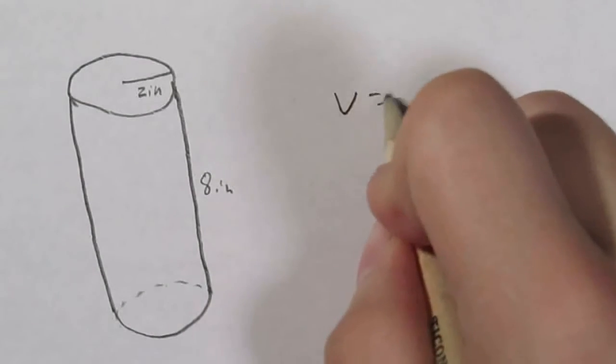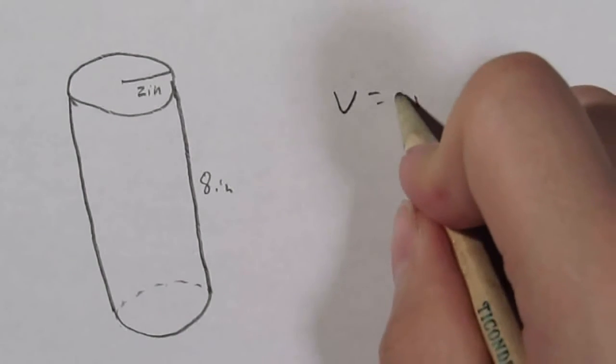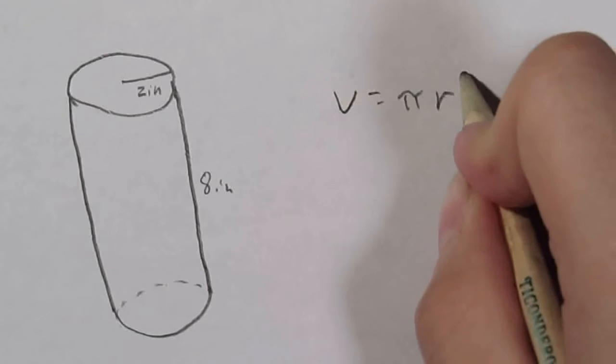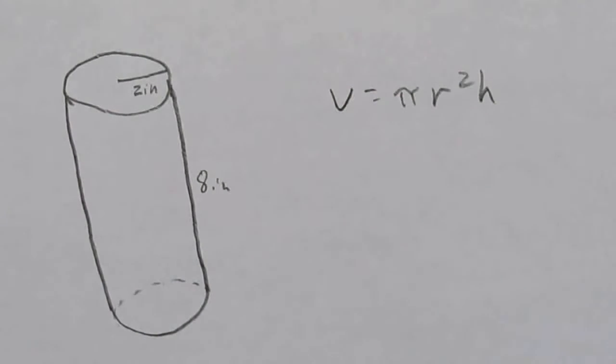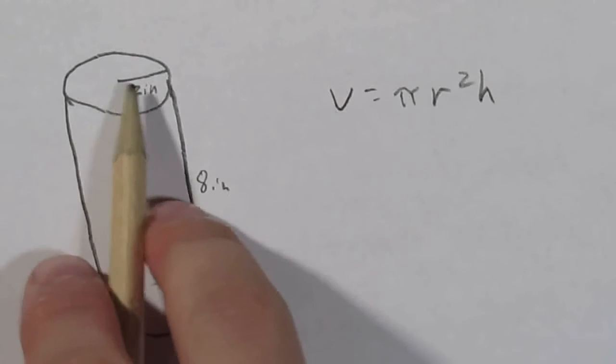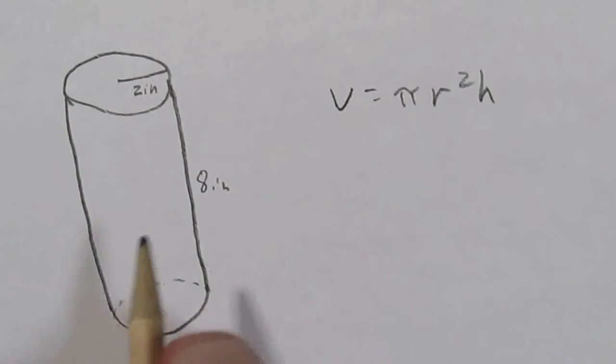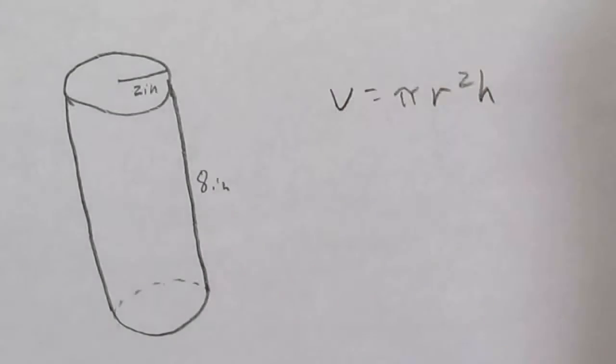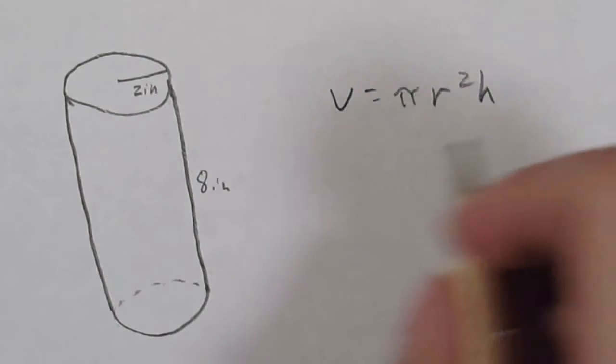Okay, so say you need to find the volume of a cylinder. Actually pretty simple. So in this case, volume equals pi r squared times height. So in this case, the radius, of course, is going to be 2, and then the height is going to be 8, sorry.